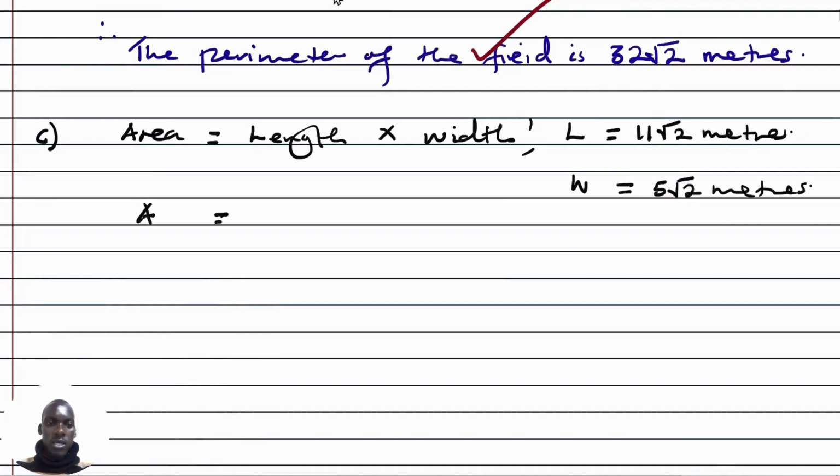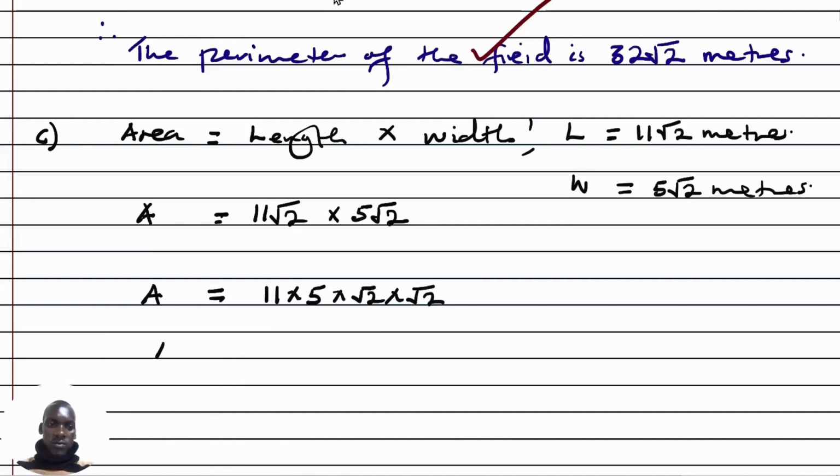So our area A equals our length, 11 root 2, multiplied by our width, 5 root 2. As we simplify, this is the same as 11 multiplied by 5 and then multiplied by root 2 multiplied by root 2.